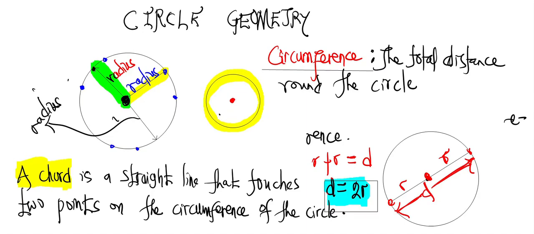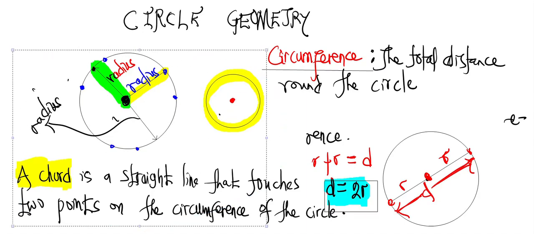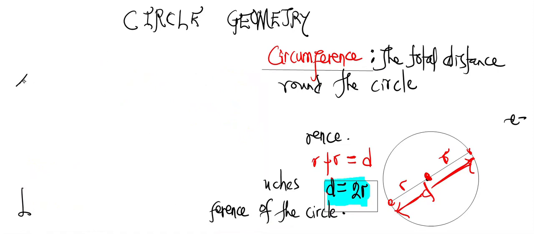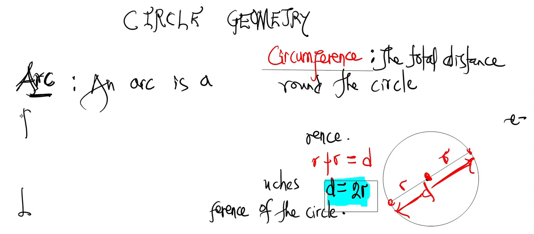Let's define arc. An arc is a part of a circle.